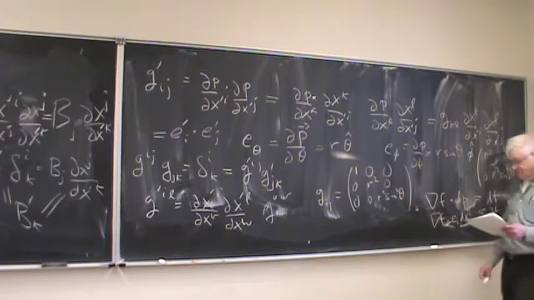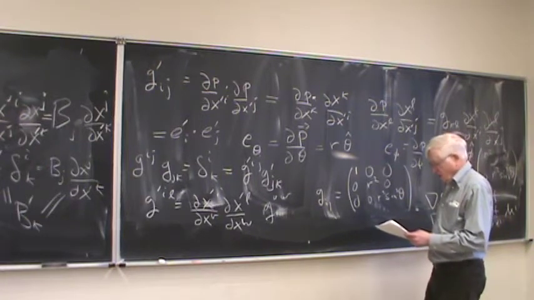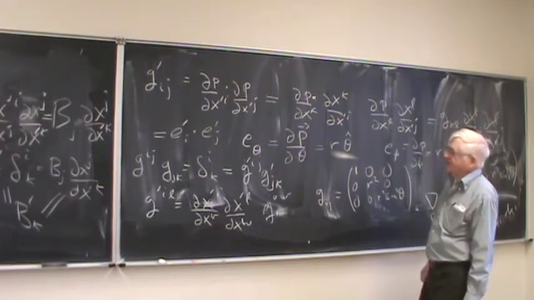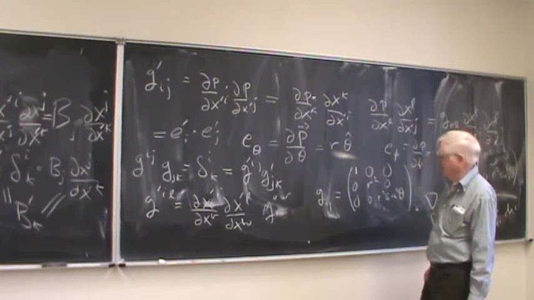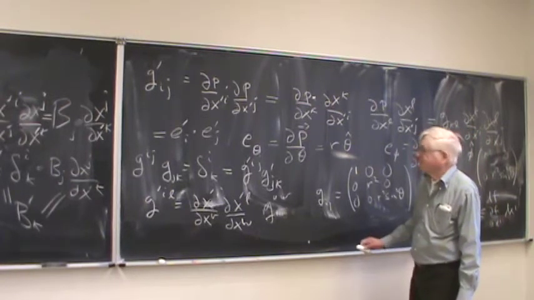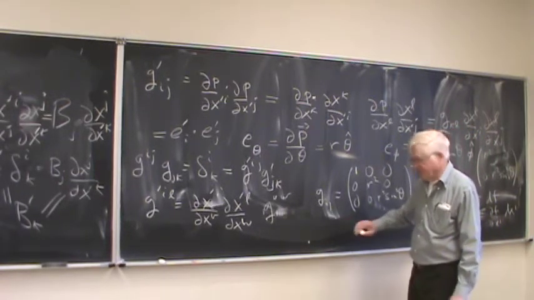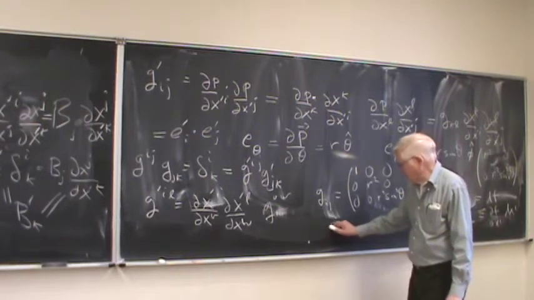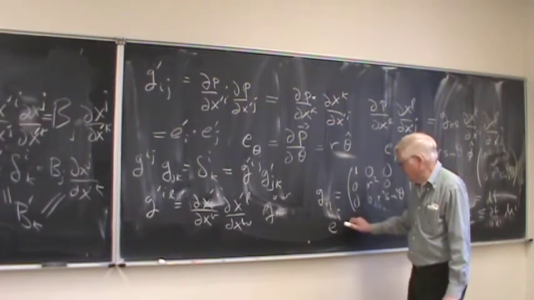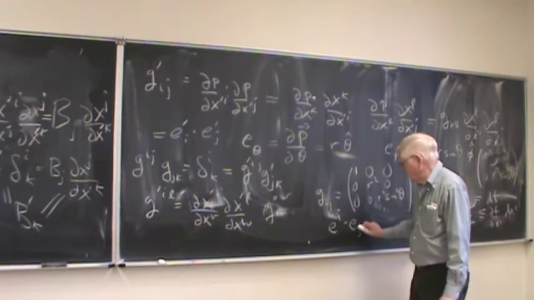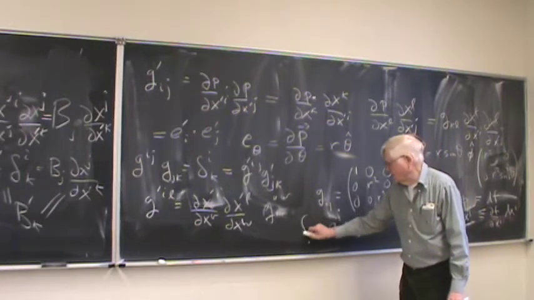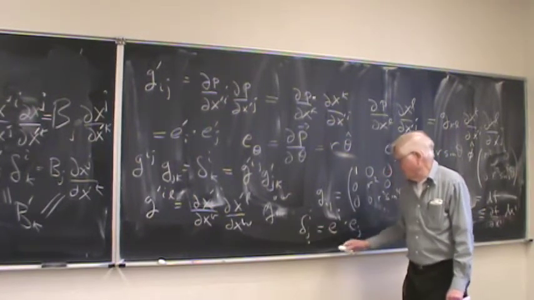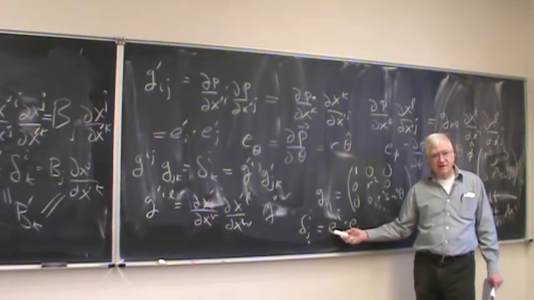And so in other words, okay, I forgot to mention something here, namely that we have all these vectors. We can define the vector e upper i such that e upper i dot e lower j is delta ij. These are called the dual vectors.